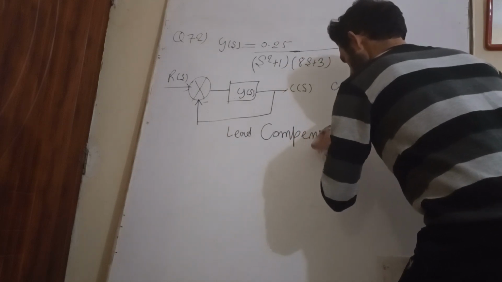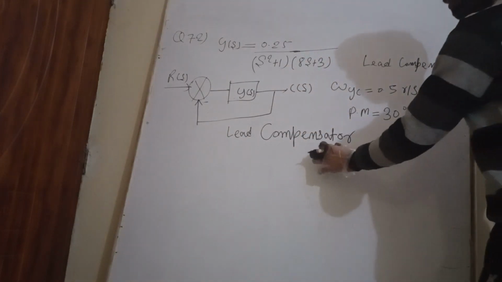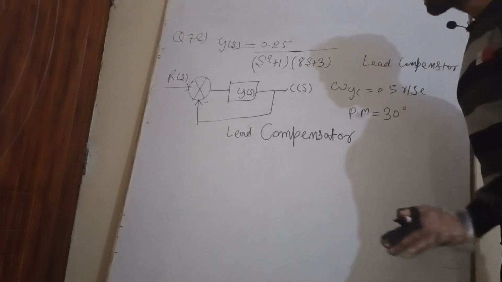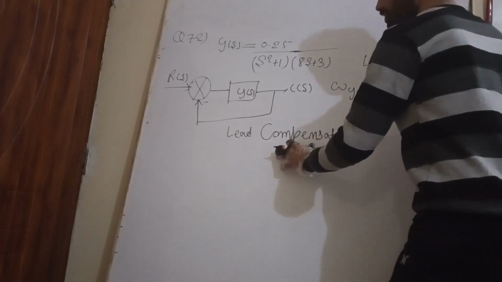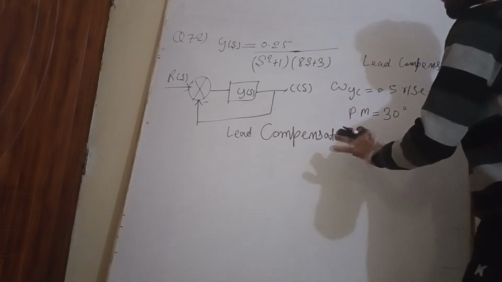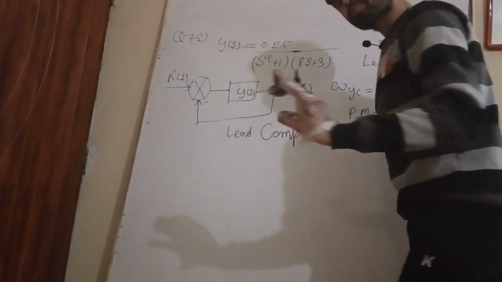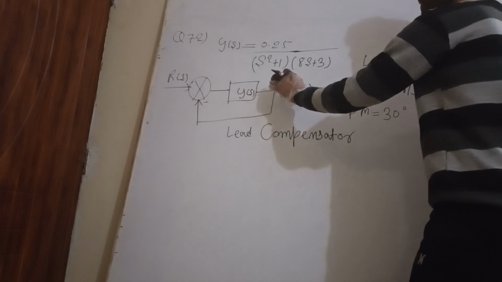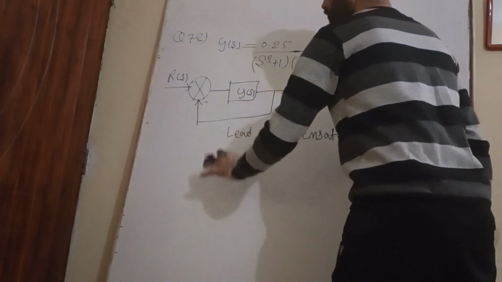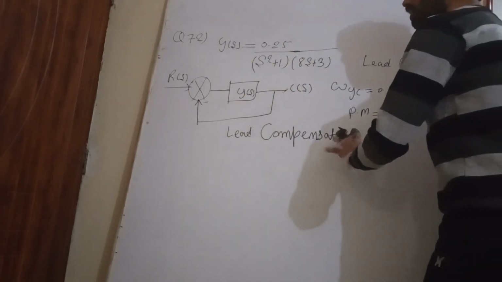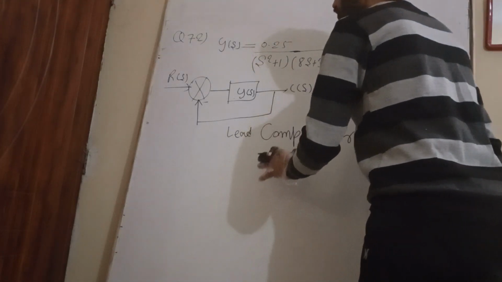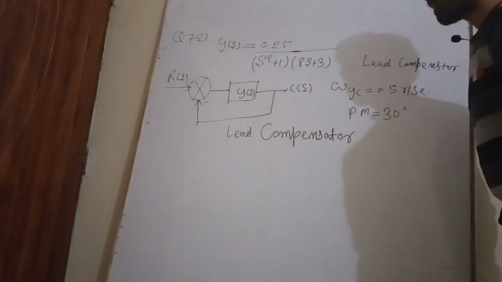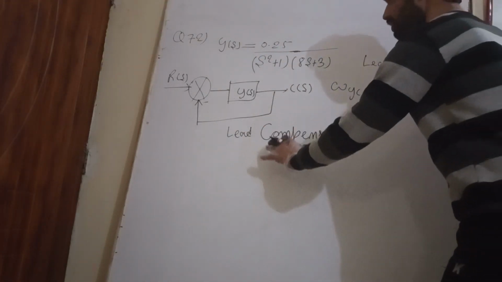A compensator is used to make the system proper. If the parameters within the system are not in the proper range, then we use a compensator, and it will make the system proper.